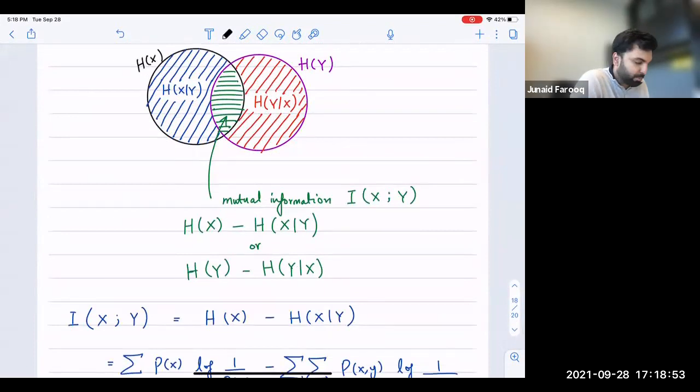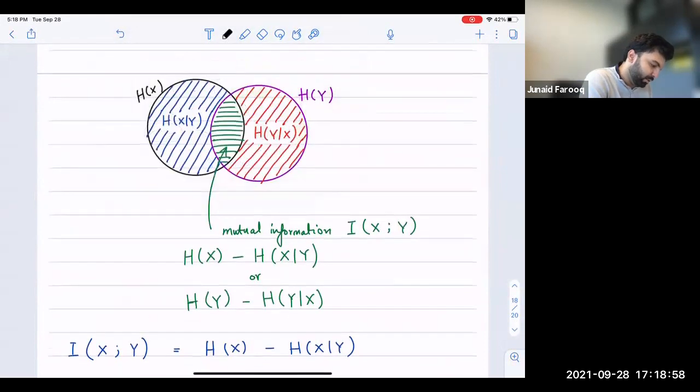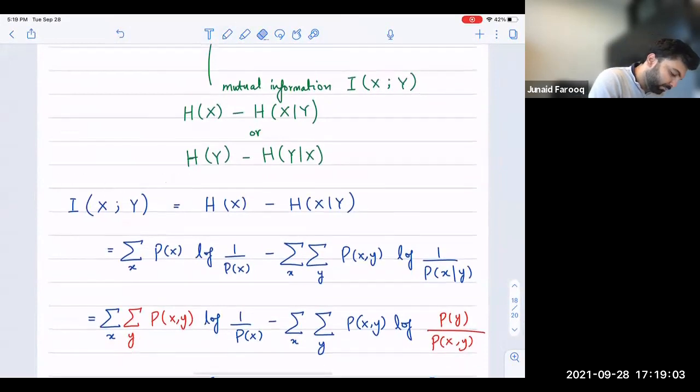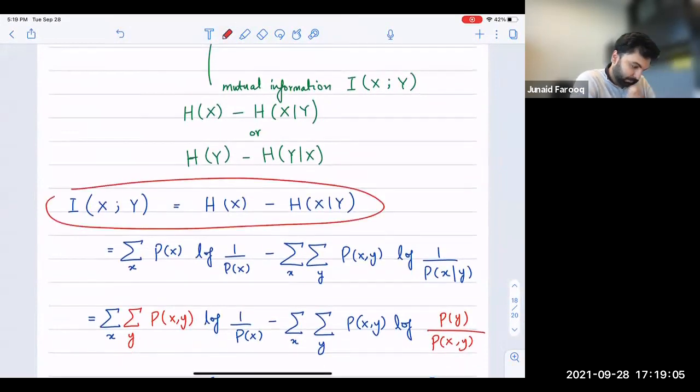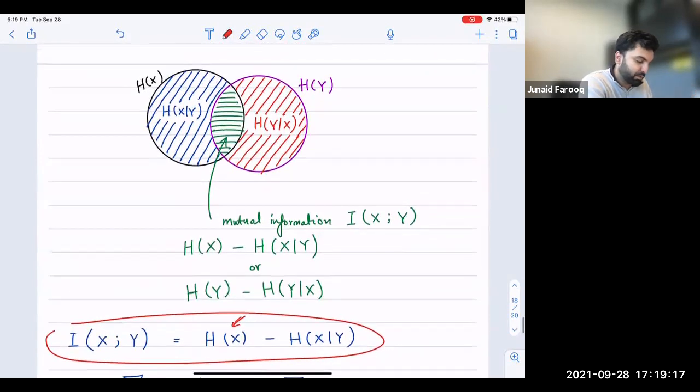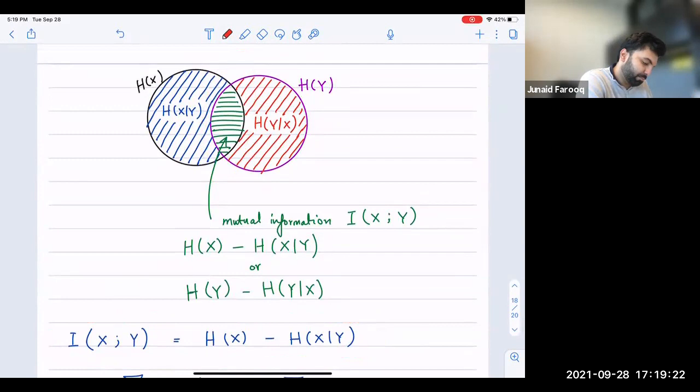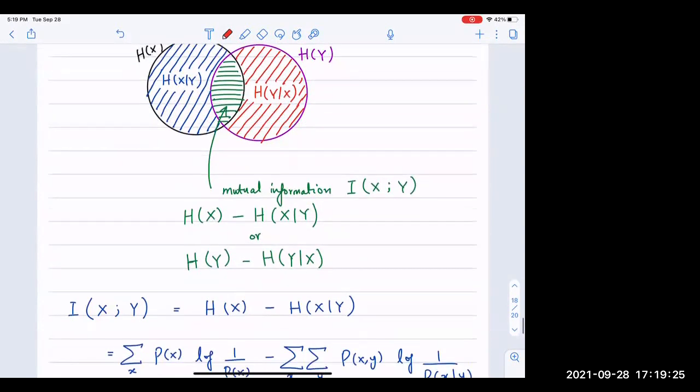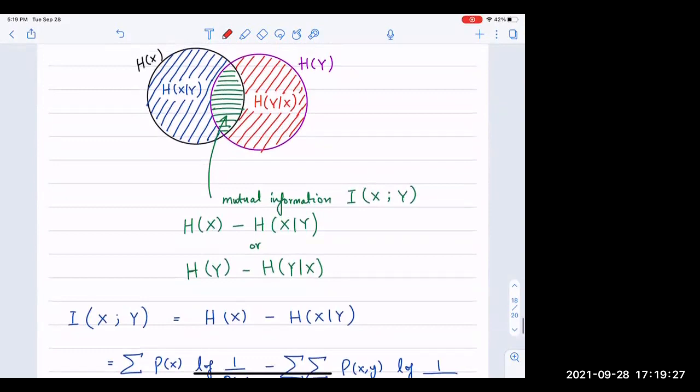If you have two random variables, X and Y, you have X, you find H of X. You have the conditional distribution X given Y, you find H of X given Y, subtract them, and then you find this region, right? Got it. And is there an example for mutual information? Because if you're going to ask this on the quiz or something.